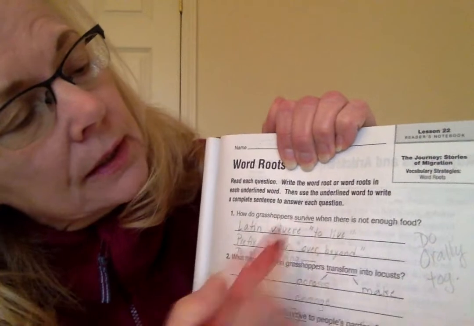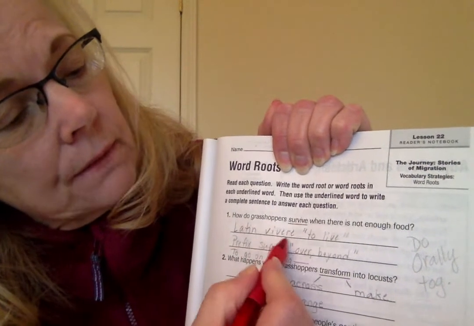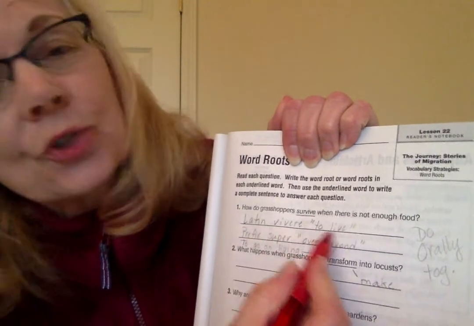How do grasshoppers survive when there is not enough food? I actually had to go back into a dictionary and look for the root, the Latin root for survive, and it's vivere. That's the vive part, the V-I-V-E, vivere, which means to live.